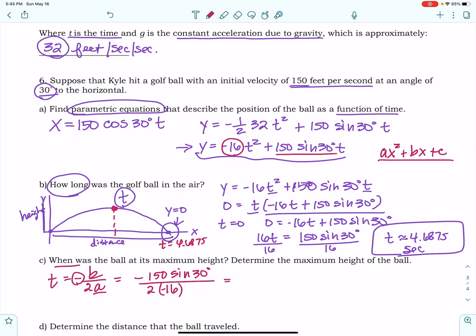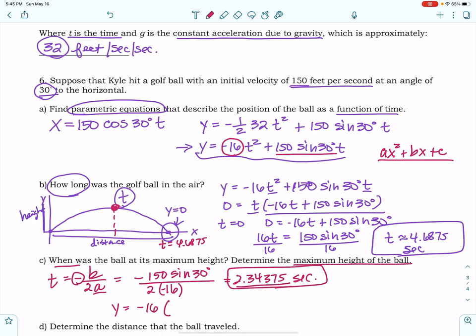Okay, so again, we're going to do that in the calculator. I'm not going to show you how to do that because that's just pushing buttons. So at that many seconds, that's when the ball reaches its maximum height. Now we are determining the maximum height of the ball. So we're finding y when t is equal to this. So I'm just going to use some substitution here.